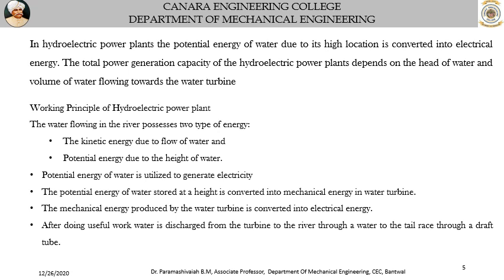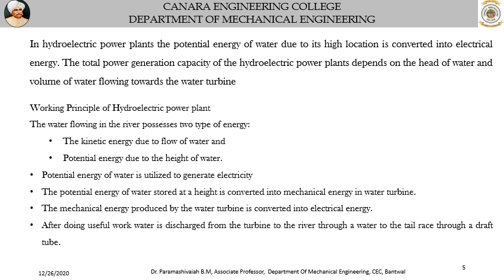Before that, as I told you, the potential energy while flowing through the pipelines, the penstock, is converted into kinetic energy and pressure energy. When it flows with high velocity inside the penstock, the potential energy is converted into kinetic and pressure energy.